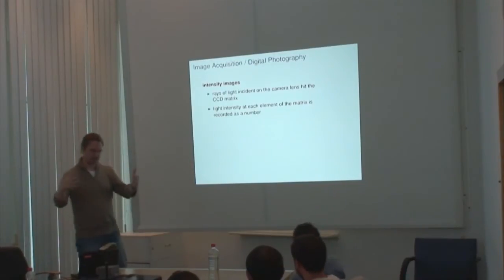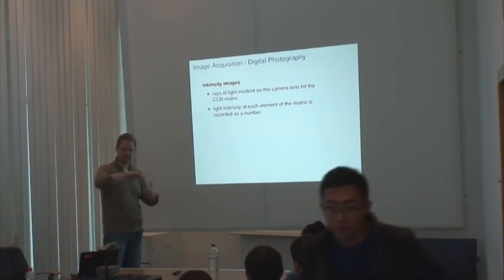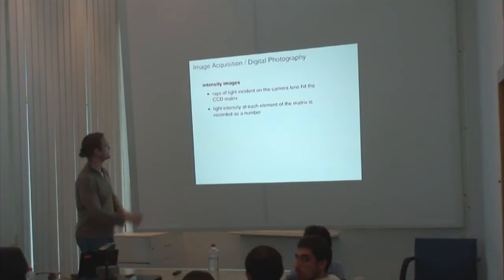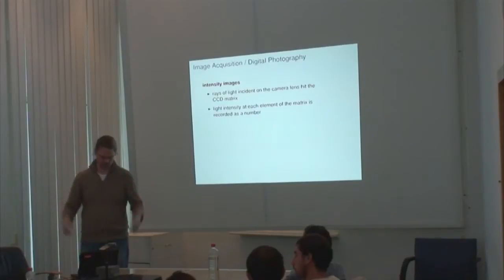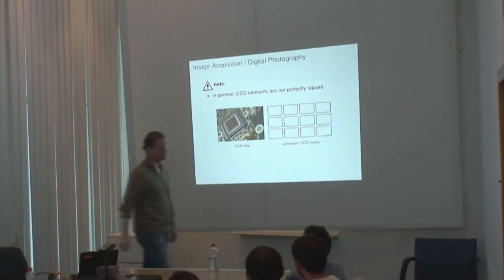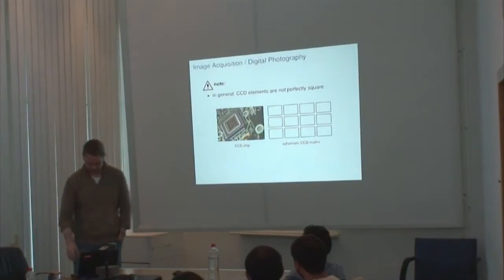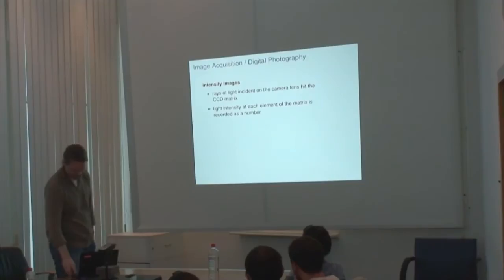From the lens, it is focused onto this chip, onto this array of photosensitive material. Depending on the energy or number of photons that hit one of these tiny elements, we can compute that into information that represents what we see.